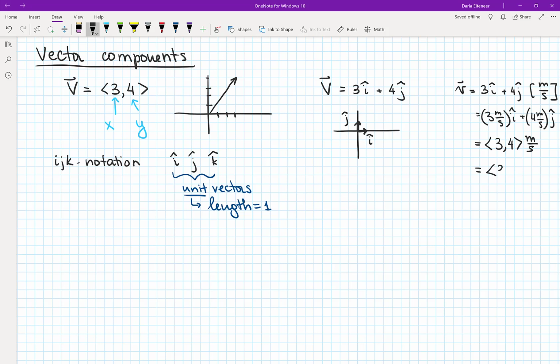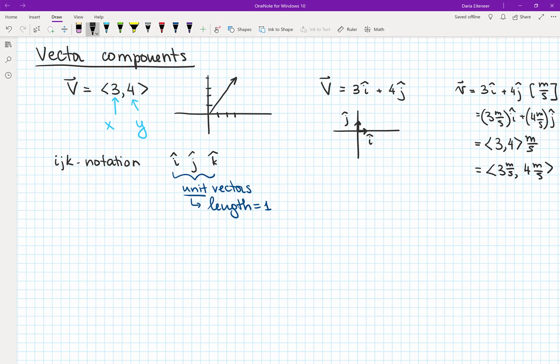Or you could put 3 meters per second, comma, 4 meters per second. So if you had 2-dimensional motion, for example, a velocity vector, you would obviously have to indicate units, right? And then you could use either one of these 2 notations, either the angle brackets or the ij notation, to represent, again, the contributions to the vector from the horizontal direction and the vertical direction.